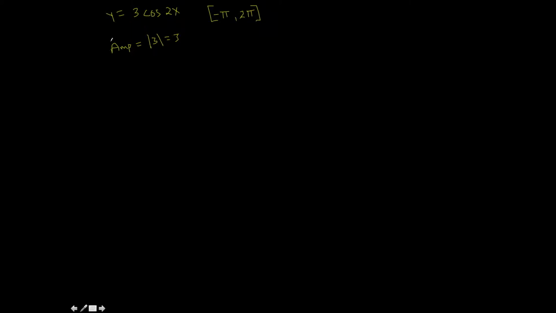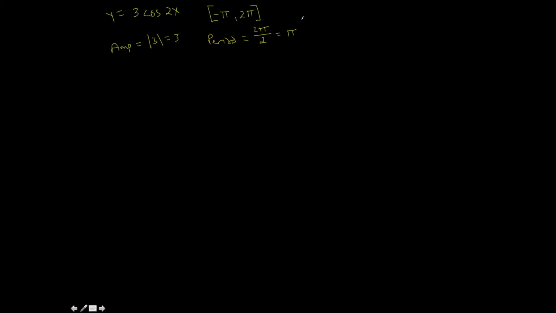Okay, so 3 and negative 3. Okay, so here's our period. Our period is 2 pi divided by b. B in this case is 2. So our period is pi.